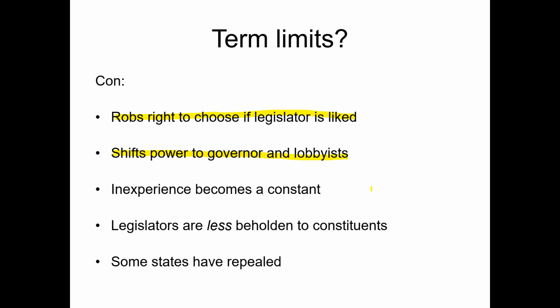And clearly the lobbyists would have considerably more power because they will be there spanning these legislators' terms, and will be right there in place to try to guide these new legislators into what they would want them to focus on. And therefore, inexperience becomes a constant.